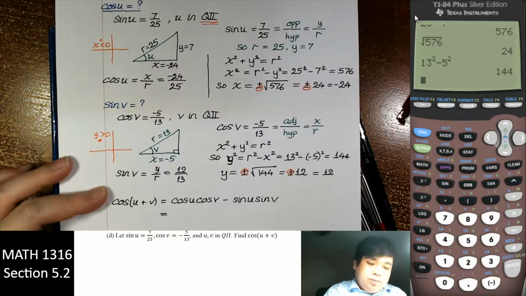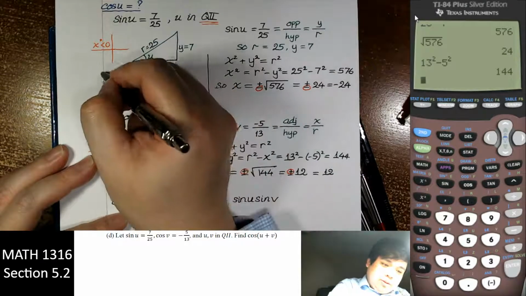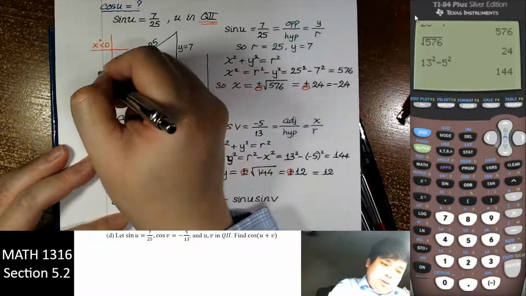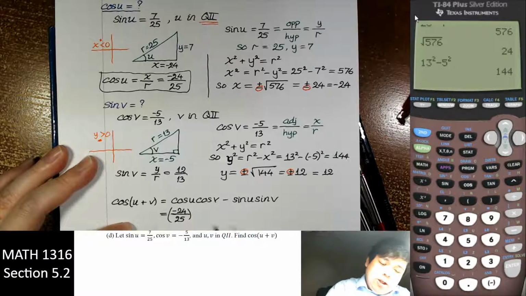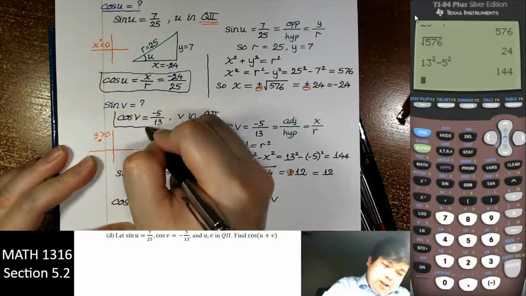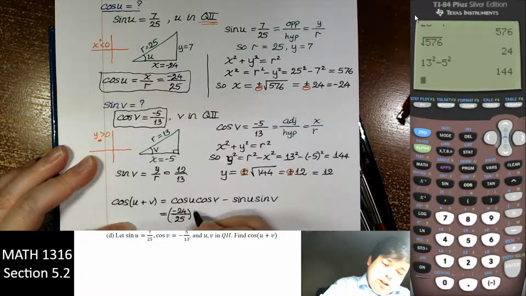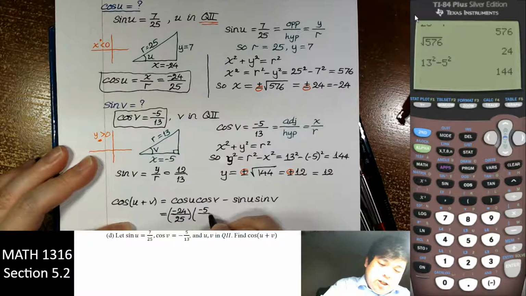Cosine of u is negative 24 over 25. Cosine of v is negative 5 over 13.